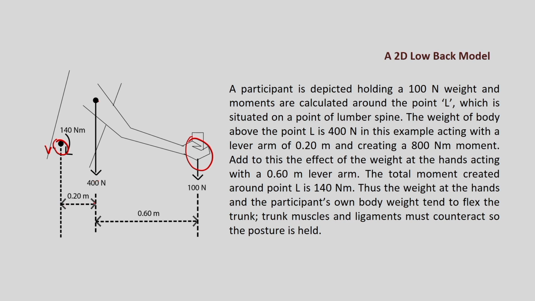This distance we kept as 20 centimeter, here it is total 60 centimeter, so total is 80 centimeter. Now if we calculate all this, at this L point we will generate 140 Newton meter.